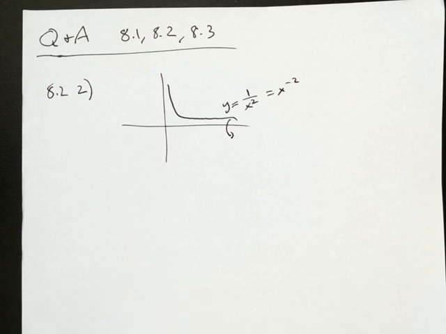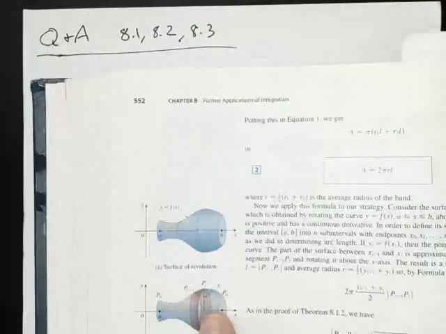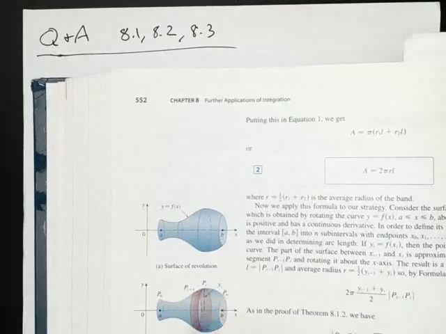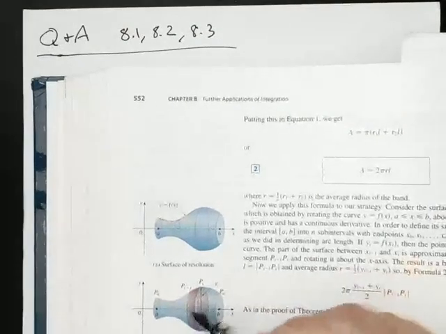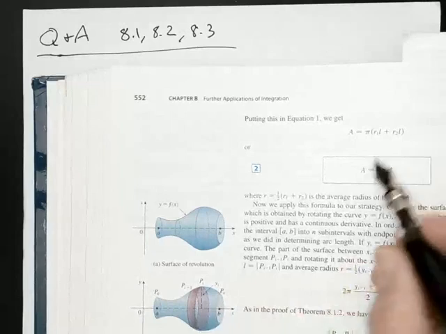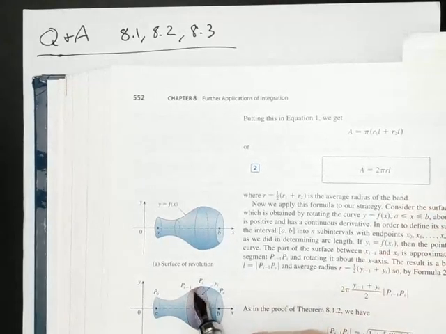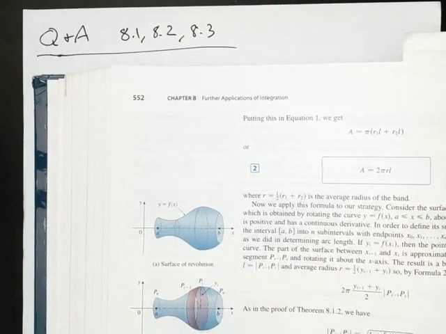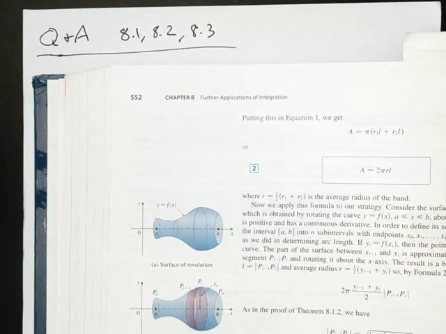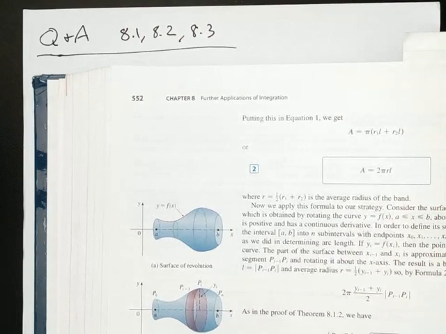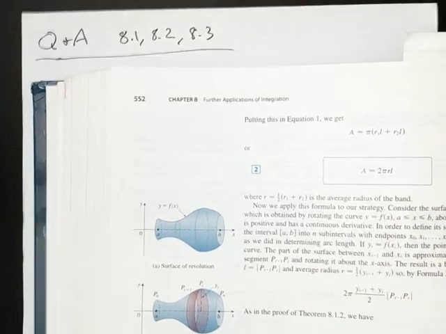Let's think about this. If I'm going around the curve this way, then I can think of the surface area of this like it was a cylinder, 2 pi radius times the length of the side. Well, the length of the side is the ds part. Is the radius of this an x or a y? So it's 2 pi y ds.